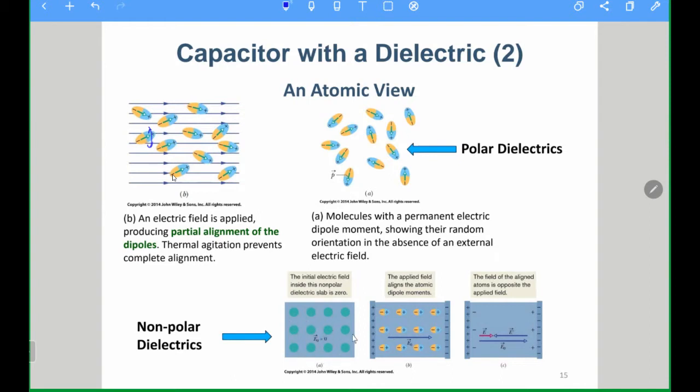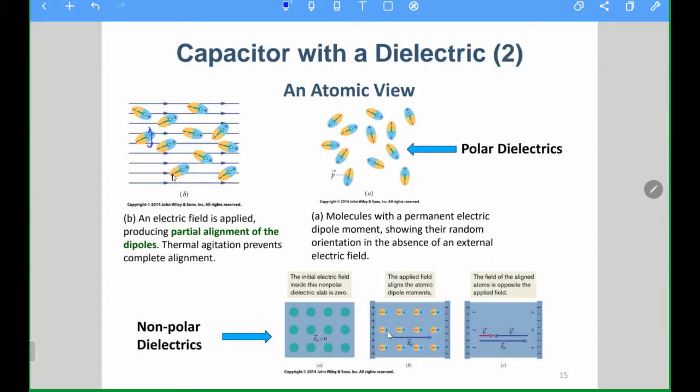And if we place the dielectric inside a uniform E field, then the dipoles will be aligned. Suppose this is a positive plate, and this is a negative plate. It will generate an E field pointing to the right side.